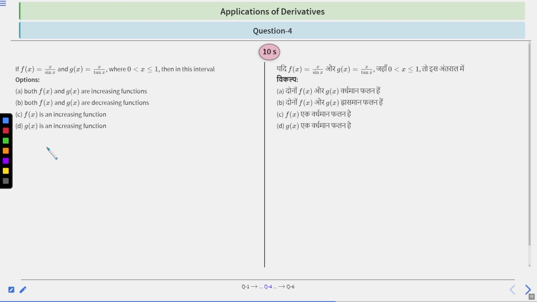What you have to do is basically find f dash x and g dash x, and see whether f dash x is less than 0 or greater than 0 or none of these, and the same for g dash x. In this way, you will be able to find whether the function f(x) or g(x) is increasing or decreasing. Clear? So in this way, you can approach this question. You have 10 seconds to solve this question. After 10 seconds, we will discuss the solution.